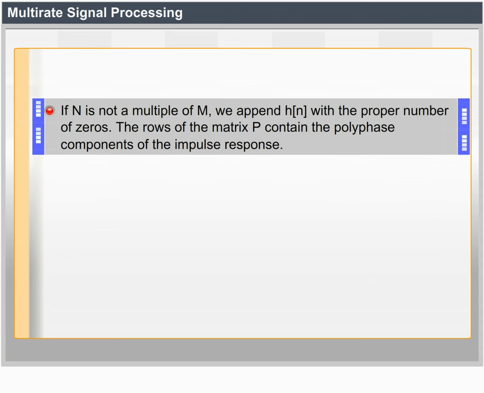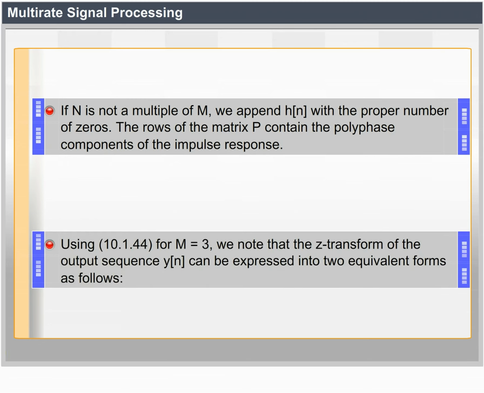Using 10.1.44 for m equal to 3, we note that the z-transform of the output sequence y(n) can be expressed in two equivalent forms as follows.